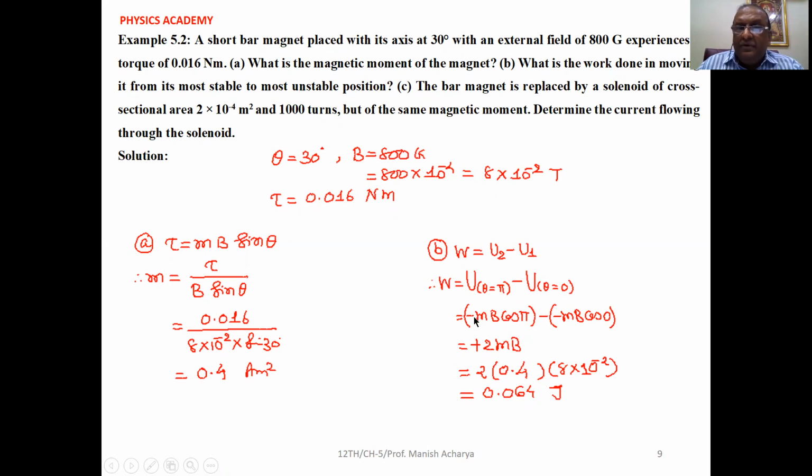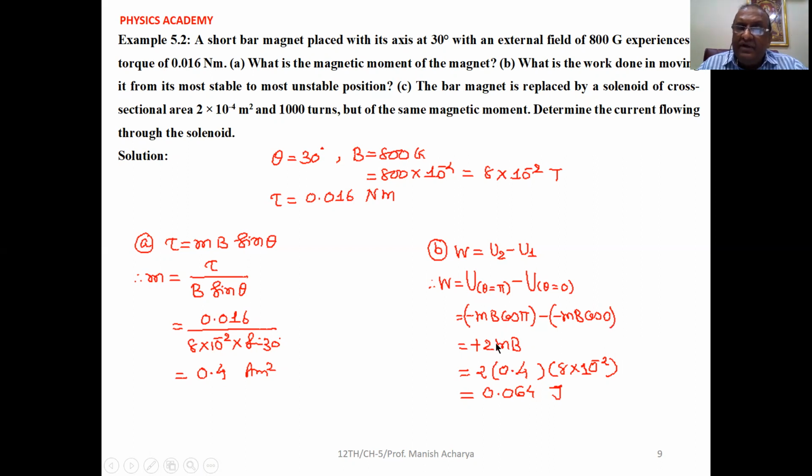So the equation for U is minus mB cos theta. So for the most unstable position, theta is pi, so minus mB cos pi, then minus mB cos 0.